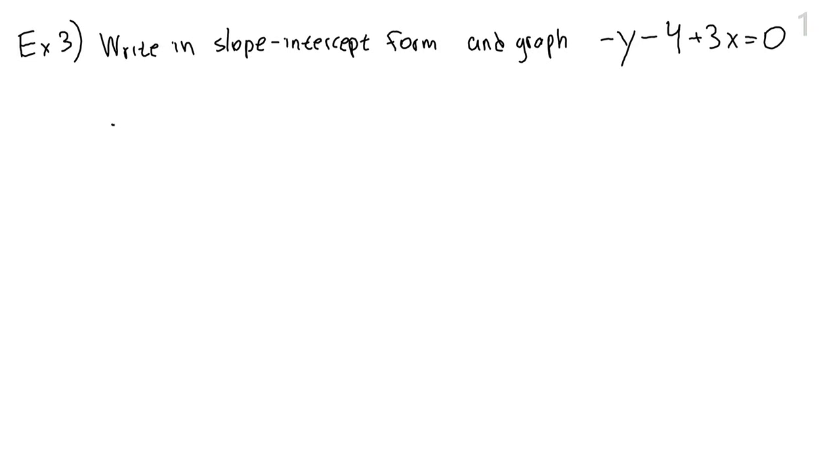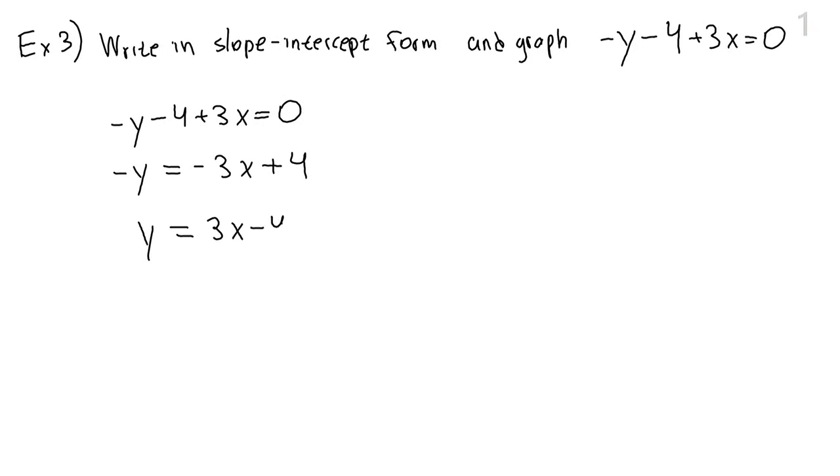So our very first step is to convert it to slope-intercept form, and we're careful with the signs here. Again, we want to isolate y on one side, so we have minus y equals negative 3x plus 4. And then we multiply both sides by negative 1, and all the signs change into y equals 3x minus 4.